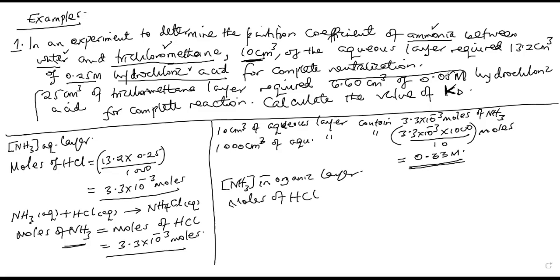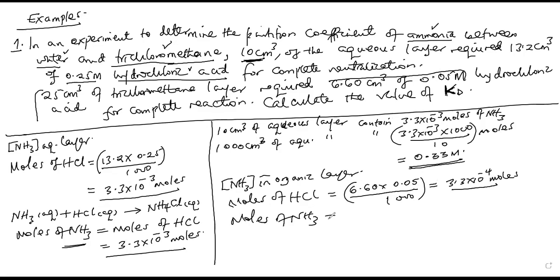If 1,000 contains this, what about 6.60? So moles of hydrochloric acid will be 6.60 times 0.05 out of 1,000, and this is 3.3 times 10 to the power negative 4 moles. Because moles of ammonia and moles of hydrochloric acid are the same, moles of ammonia will also equal 3.3 times 10 to the power negative 4 moles.